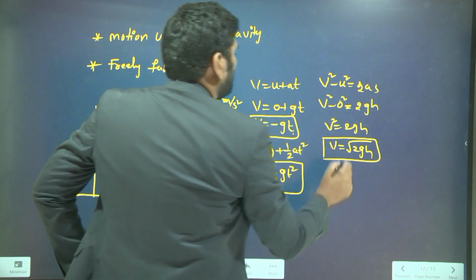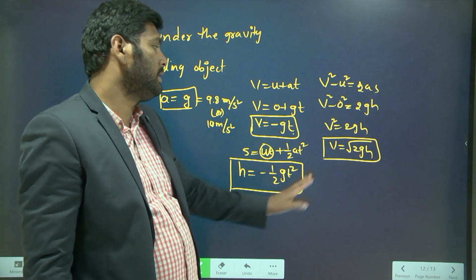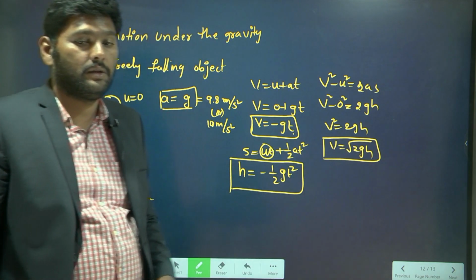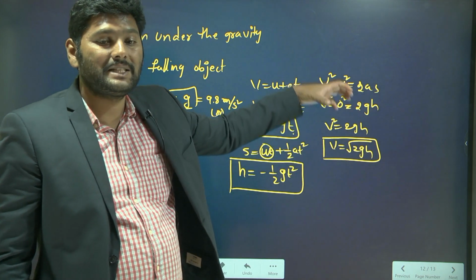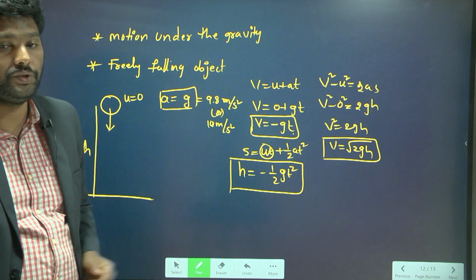So from the third equation of motion, we have the velocity of the object when it has covered the height of h. This is how we can find the velocity of the object when it is covering the h height.